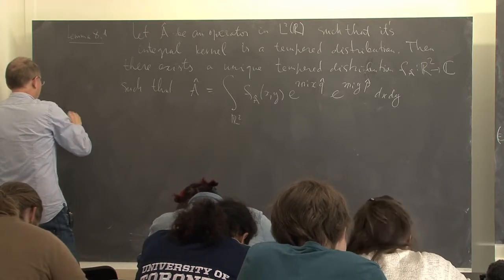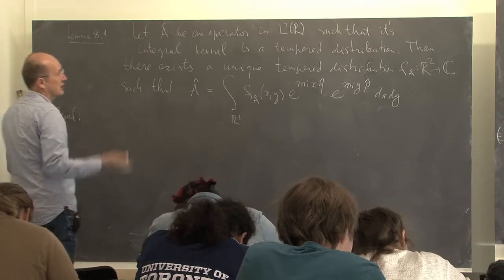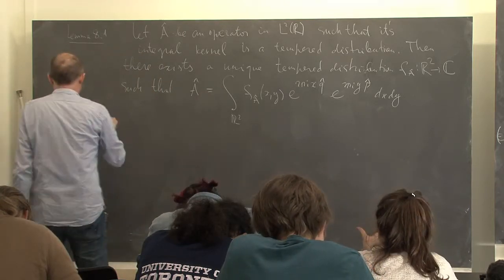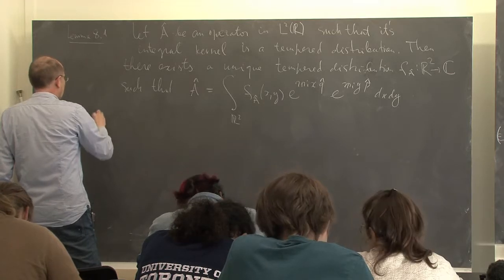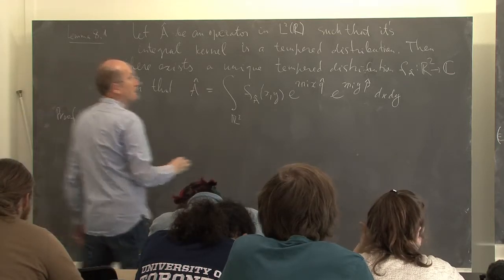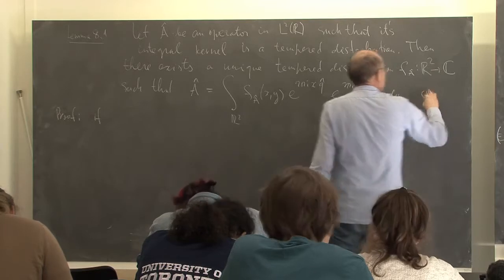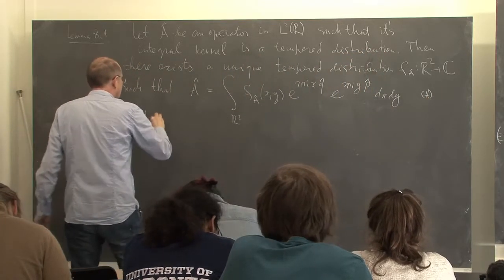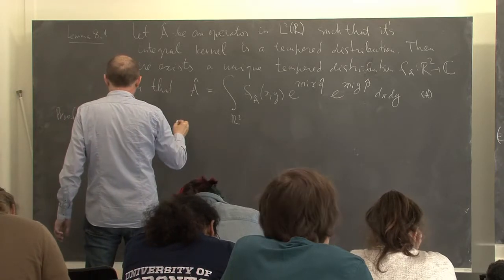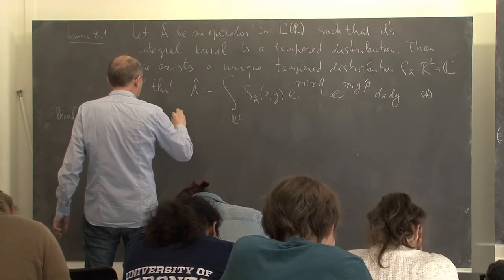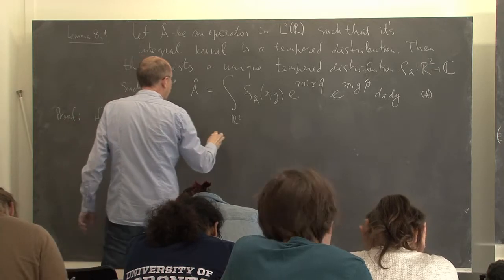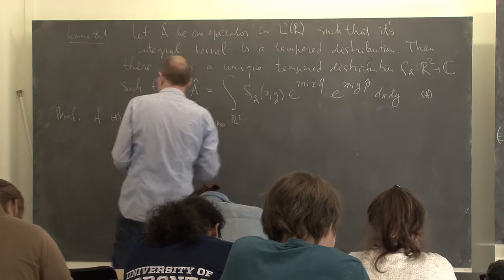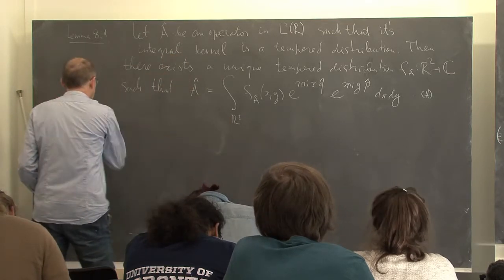Proof. So we just take the integral kernel of both sides. So if equation star is true, then it means, okay, let me say it differently.